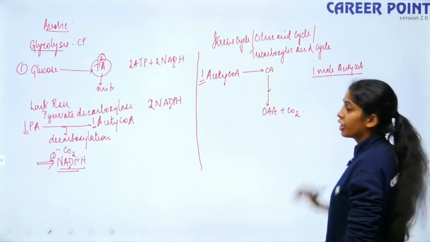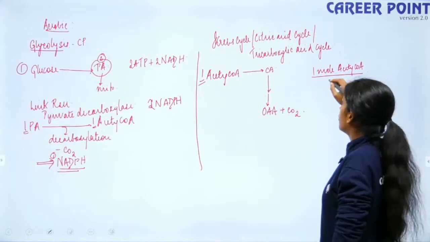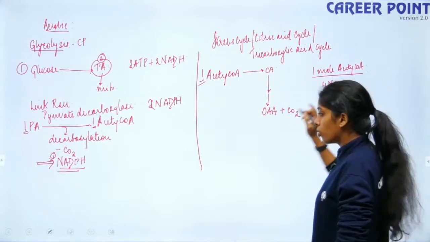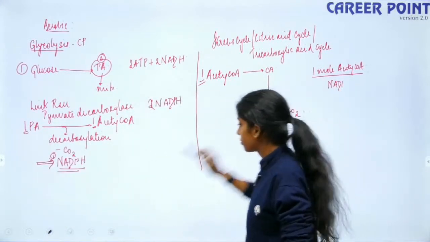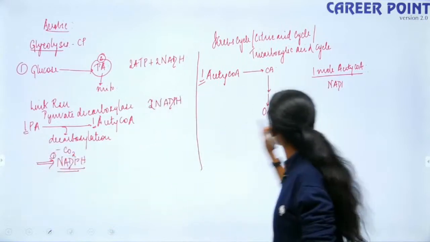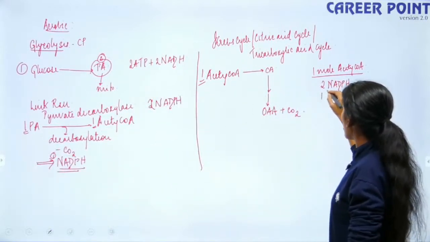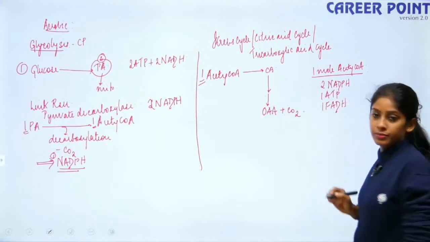For 1 molecule, I have 3 NADH, no, I have only... I have 3 NADH. So I have 1 ATP molecule and I have 1 FADH2 molecule.